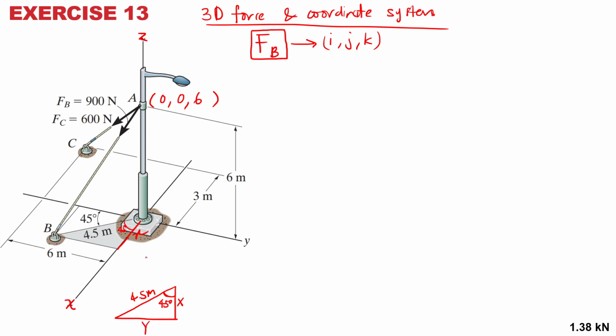So location B. B would be, what should you do? Cos. Cos 45 degrees is equal to X over 4.5.